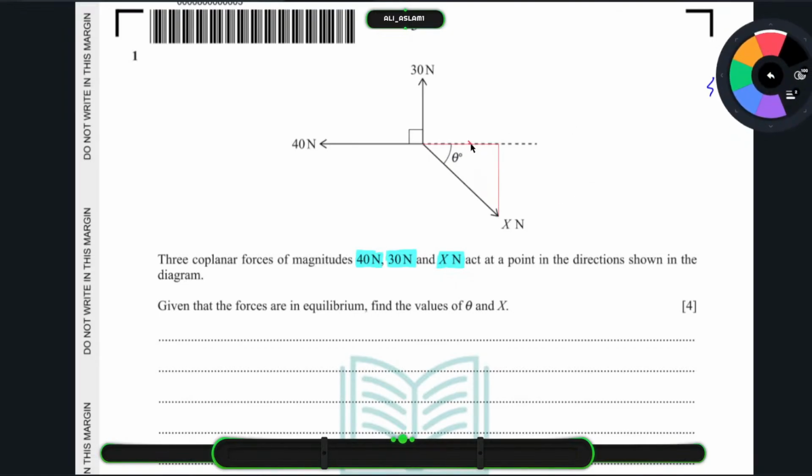That becomes this and this: x cos theta, x sin theta.